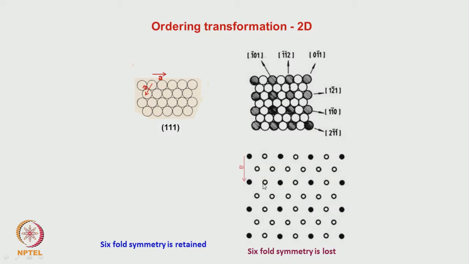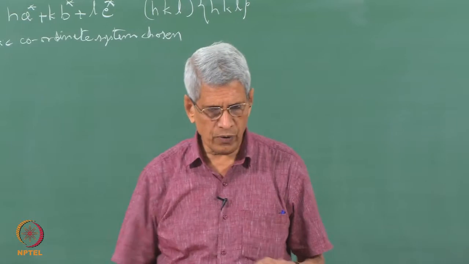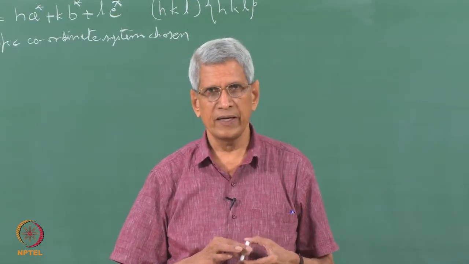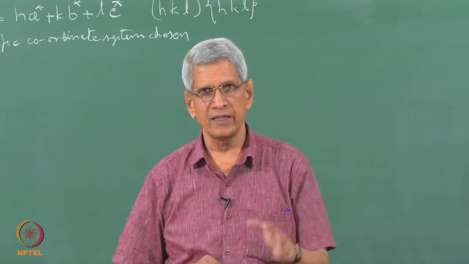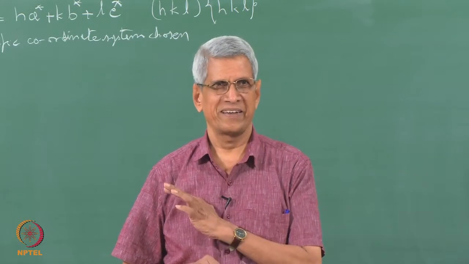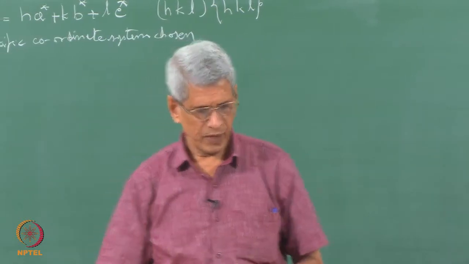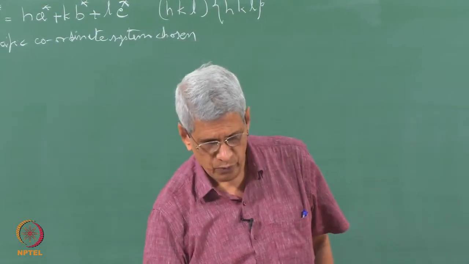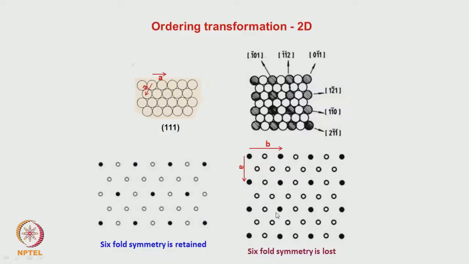If you look at the unit cell, this will be the A lattice parameter. This is going to be the B lattice parameter. What is essentially happening is that the unit cell has become a rectangle. So, when we represent the ordered lattice, we represent it as a rectangular unit cell. When we represent the disordered lattice, we represent it as a hexagonal unit cell.